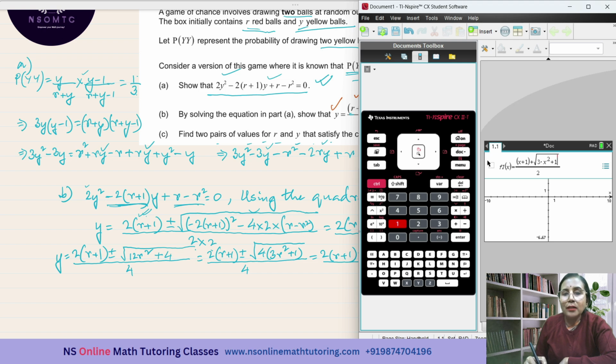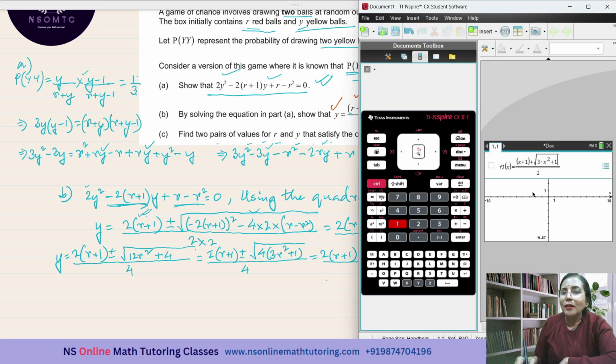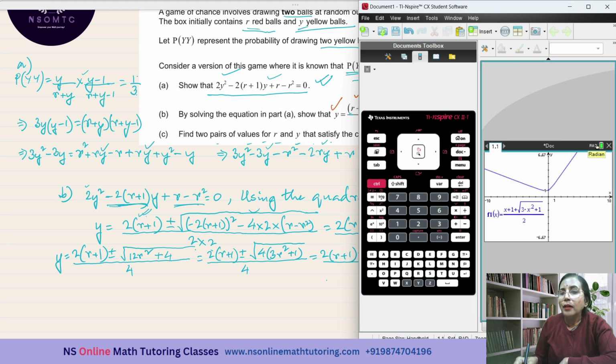Let me just check. Yeah, square root of 3x square plus 1 and r plus 1, right? So, yes. And enter. We are having this sort of a graph.